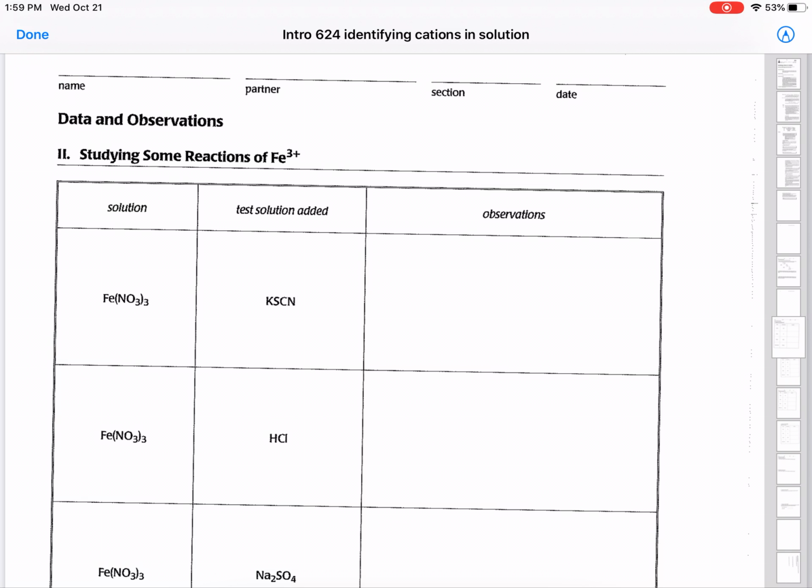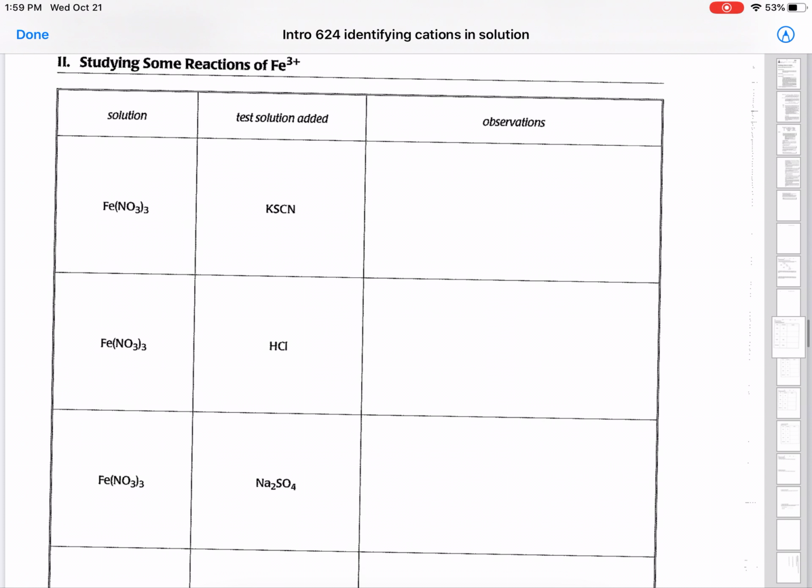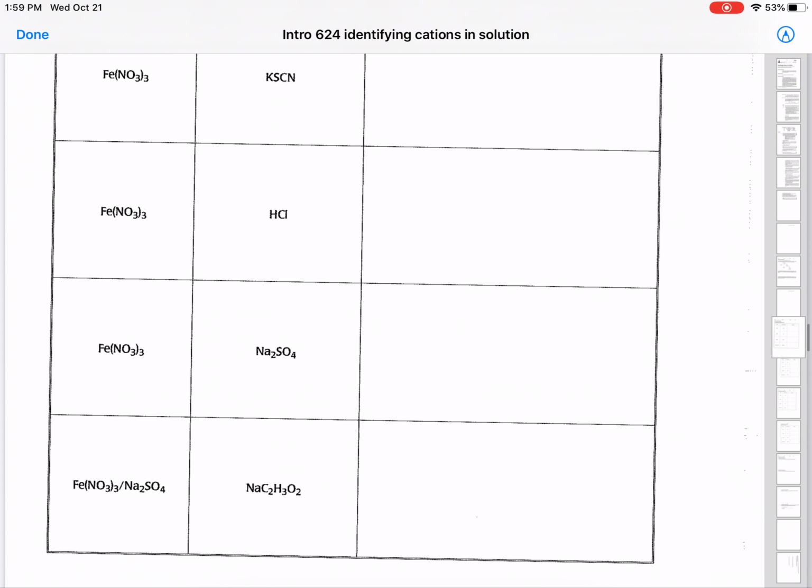And in your data sheet you will see, when you are studying reactions of iron, basically we are using iron nitrate, and with potassium thiocyanate, what is the observation, and then with hydrochloric acid, what's the observation, sodium sulfate, what is the observation. So all of these observations are given in your data sheet.